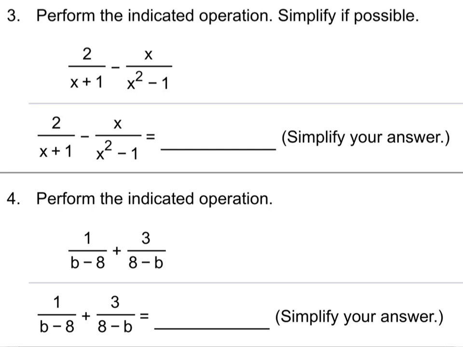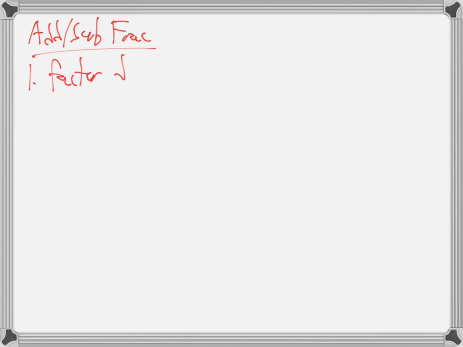So I'm going to write some steps out. Maybe it's getting to be time. So yeah, let's do that. Here, let me write some steps for you, and I'll put these on the board too. So add, subtract, and I'll go back to the question in a second. Add, subtract. Step 1, factor denominators.